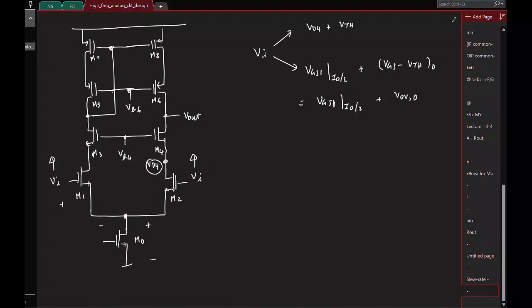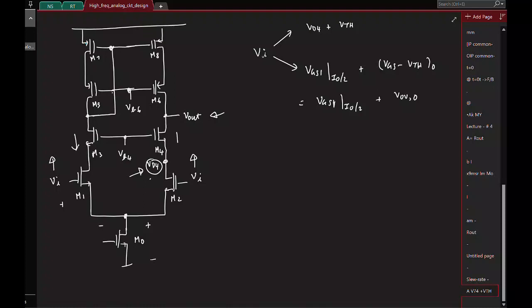By the way, what fixes this drain voltage VD4 in the circuit? I0 by 2 is flowing, but that need not fix it, ideally, if it has zero VDS dependency. Exactly.